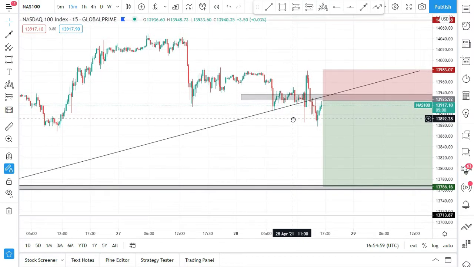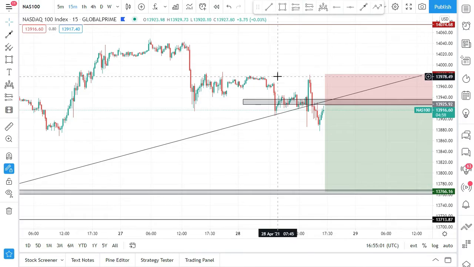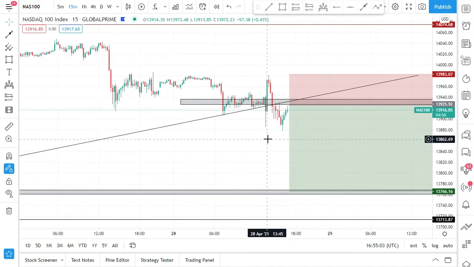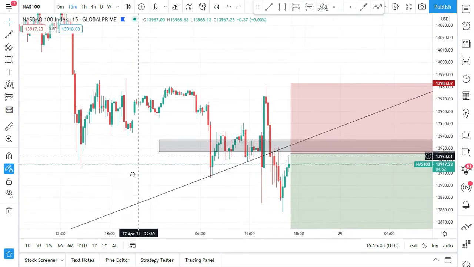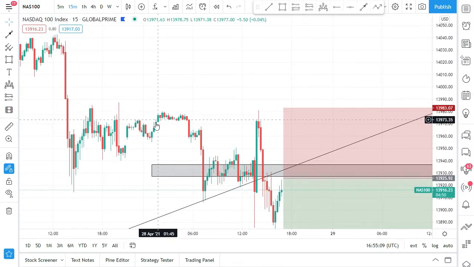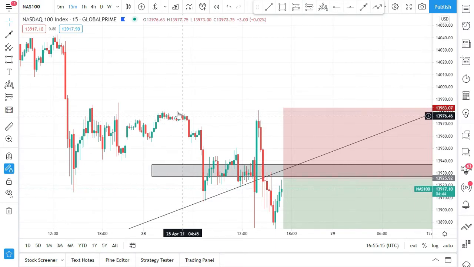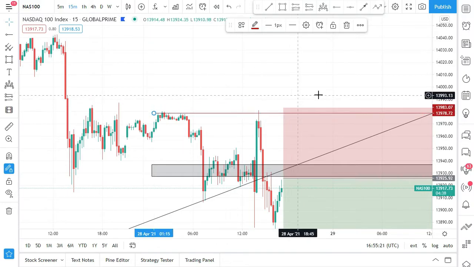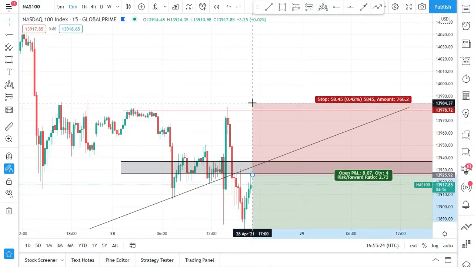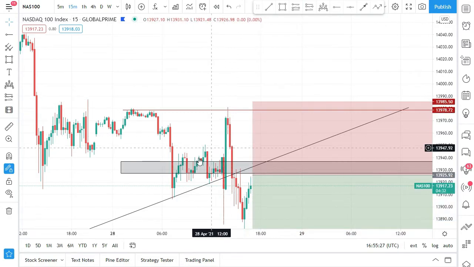Okay, and in the current moment we also have this resistance on this double bottom. Here we have our left top, neckline, right top. Okay, so you can just highlight this, put the stop right above there.